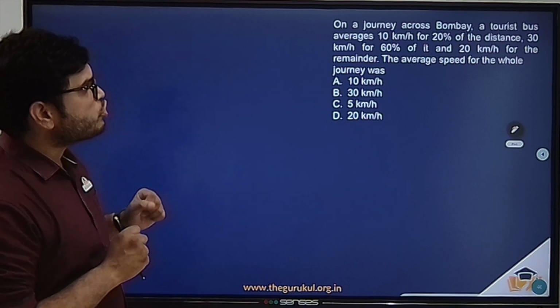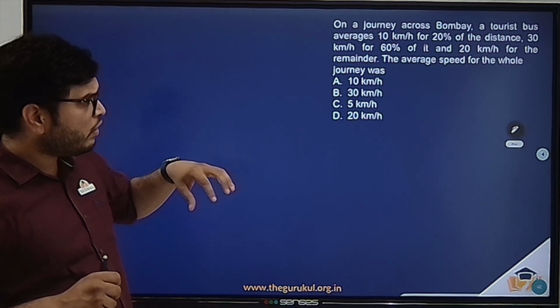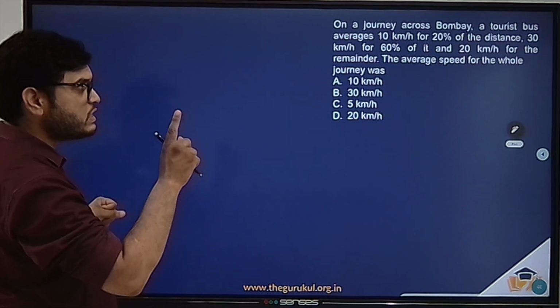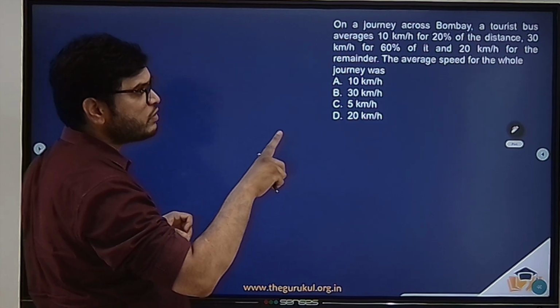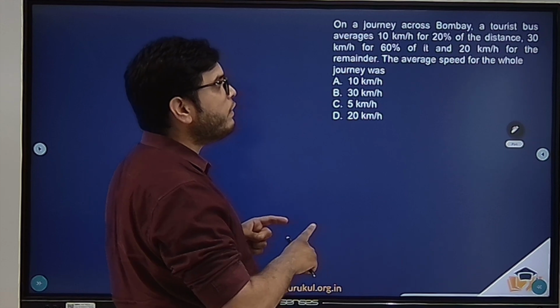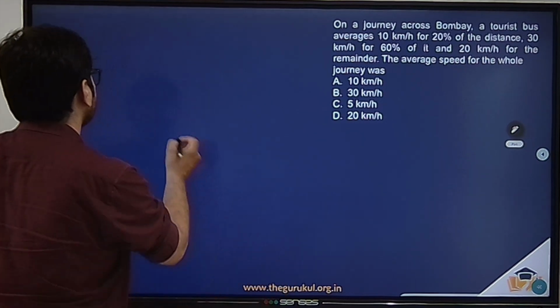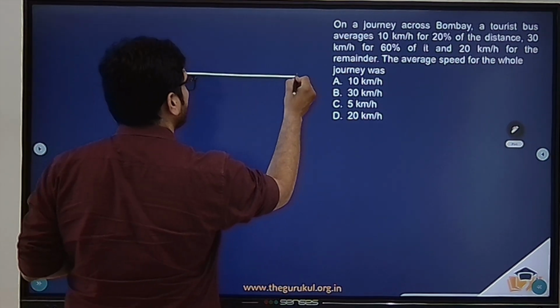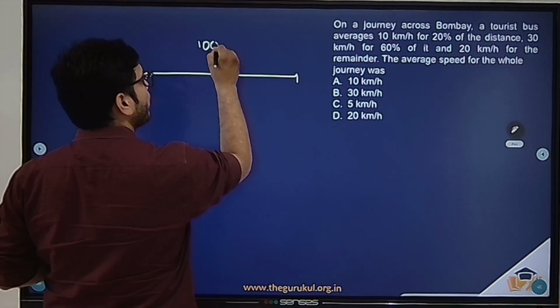Now coming to the fourth question. On a journey across Bombay, a tourist bus averages 10 kilometers per hour for 20% of the distance, 30 kilometers per hour for 60% of it, and 20 kilometers per hour for the remainder. So let me consider the total distance as 100x.